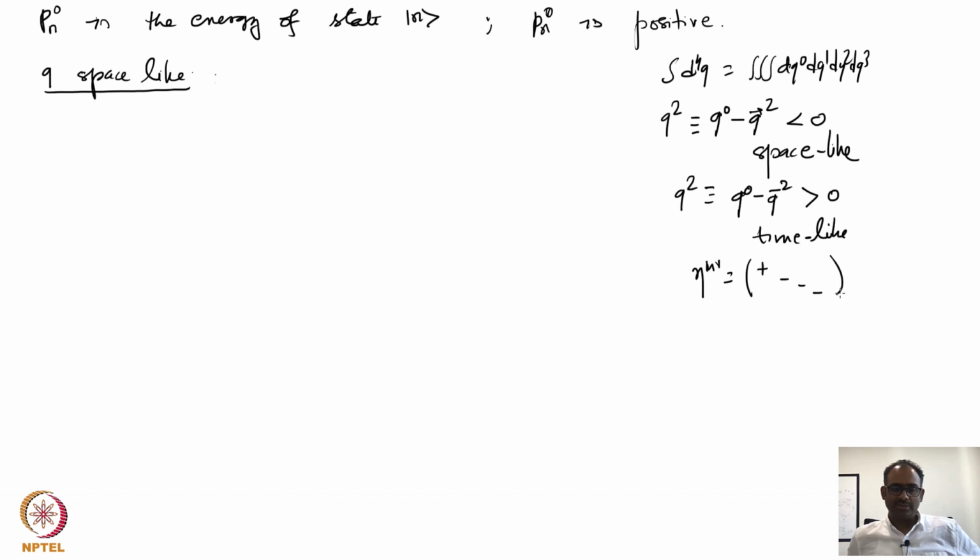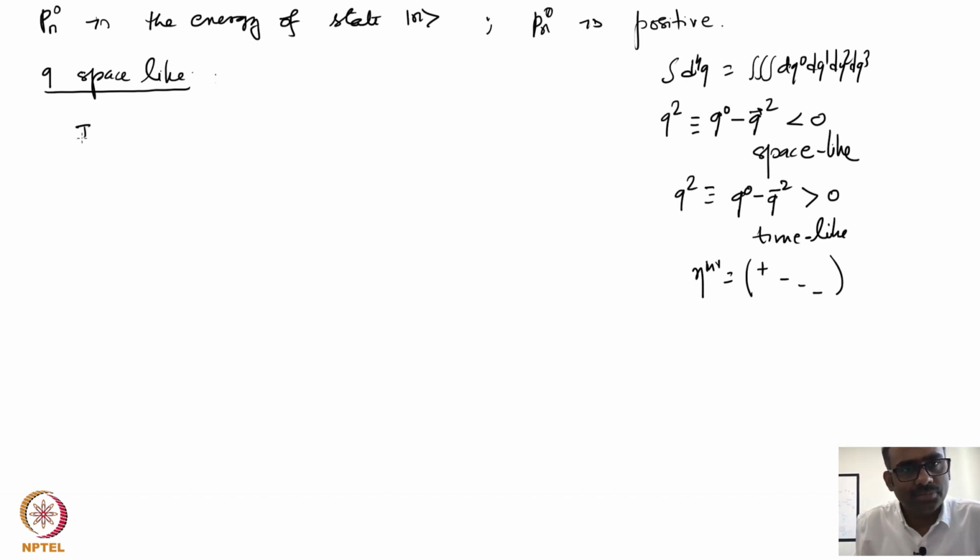Now, if q is space-like, then I can do a Lorentz transformation and change the sign of q naught. You understand this?